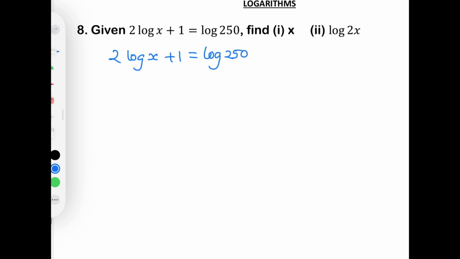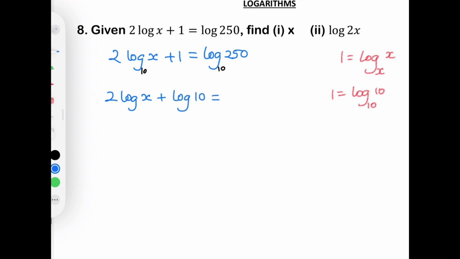Now the base not given means the base of logarithm is 10, and we know that 1 is equal to logarithm of any number with the same base. So here the given base in the equation is 10, so we can write 1 is equal to log 10 with base 10. So here 2 log x plus 1 is replaced as log 10, which gives log 250 as it is.